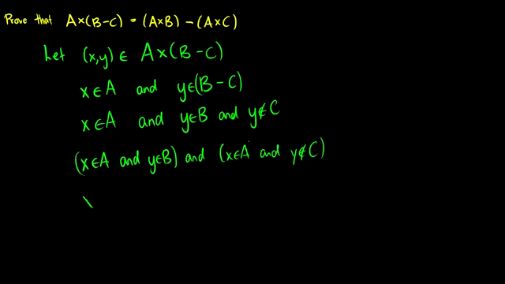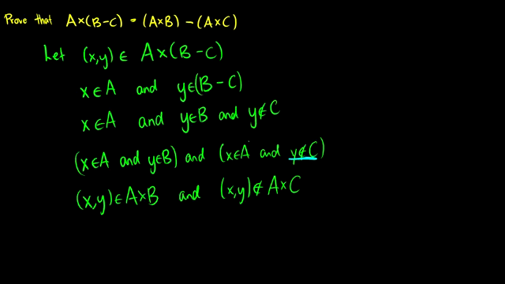We're going to have (x, y) in A cross B, and here's the thing, this means that our pair (x, y) is not in A cross C. And why is this? Well, because our y here isn't in C, so our pair (x, y) isn't in A cross C.